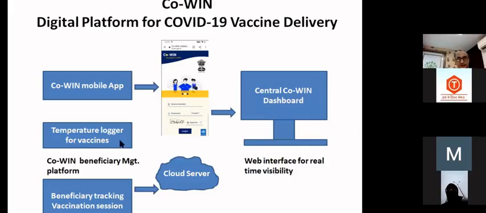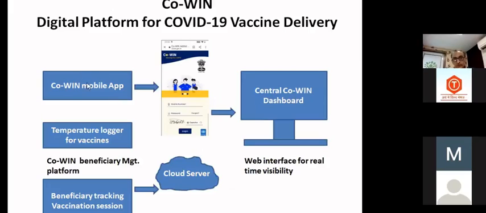So this is again the same diagrammatic expression showing how the COVID platform works. This is a mobile handheld. You can't log into this COVID mobile application. It's only the government officials who have access to this COVID platform at this point.